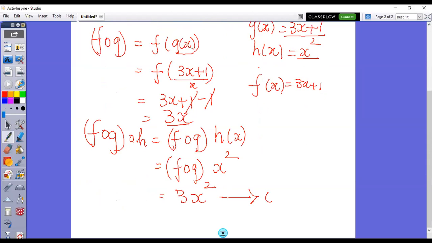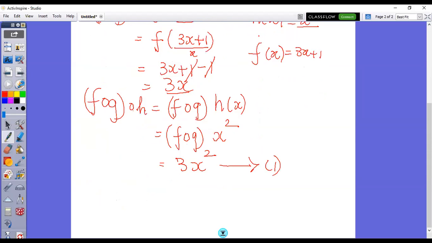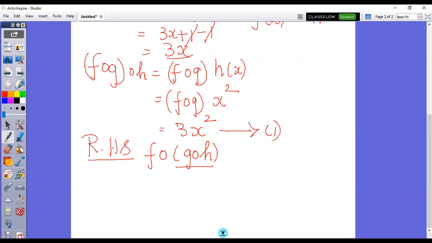Next, RHS. Let us prove RHS: f composite of g composite of h. First to prove g composite of h, let us remove the first bracket, then afterwards multiply. Already you know g composite of h equals g of h of x.